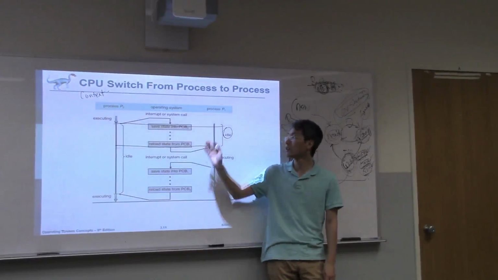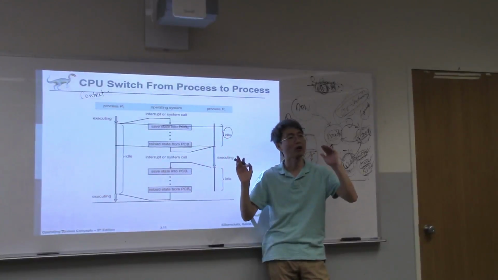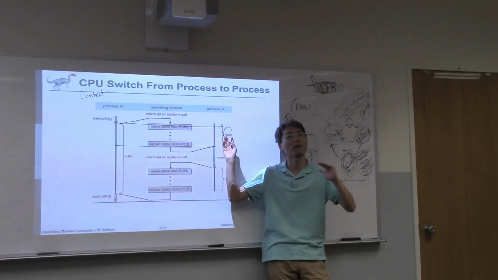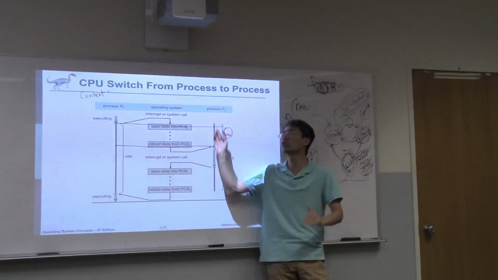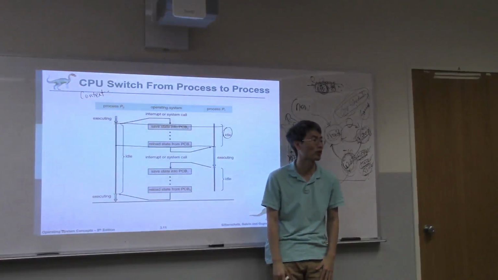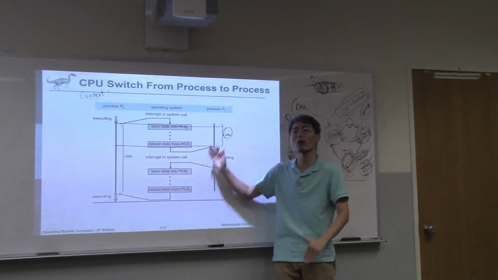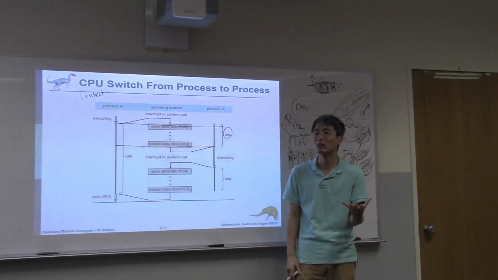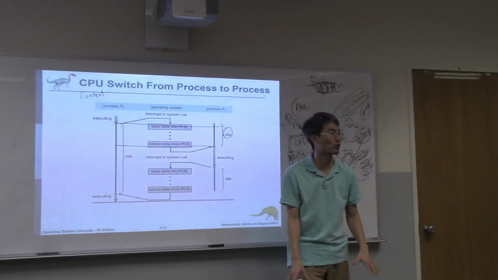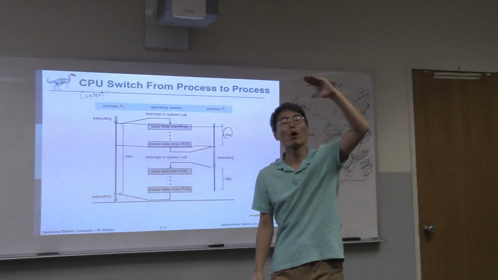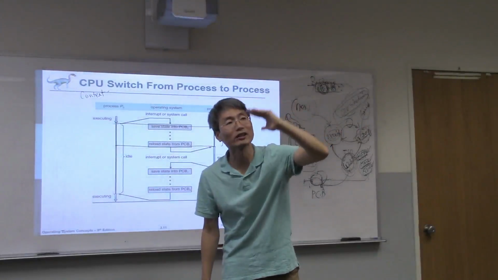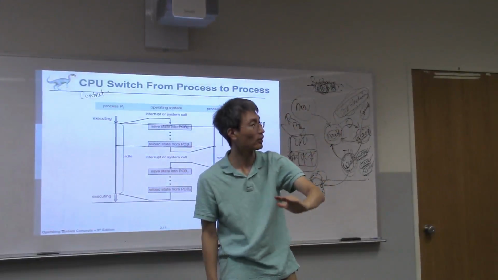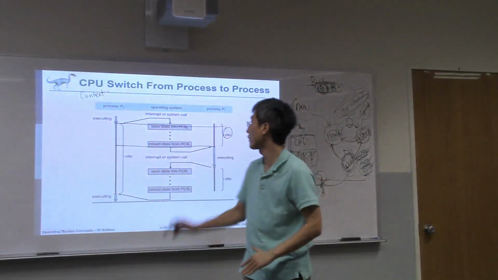So this is also the key point: how to enhance the performance of your system, how to reduce the number of context switches. However, if you reduce the context switches, is it always good for you? No. It cannot be fair to all the processes. Your multitasking degree will be decreased, because you have a smaller number.